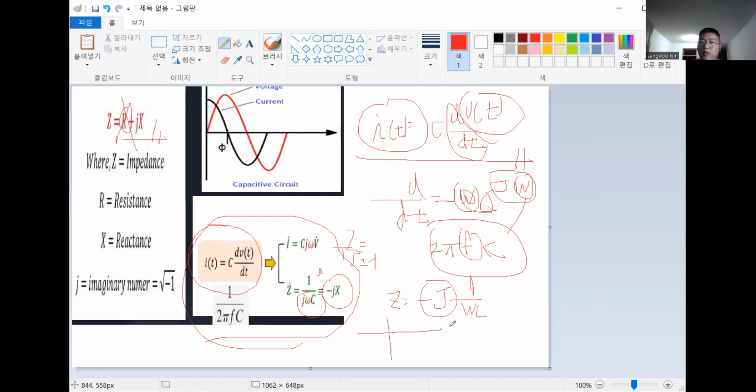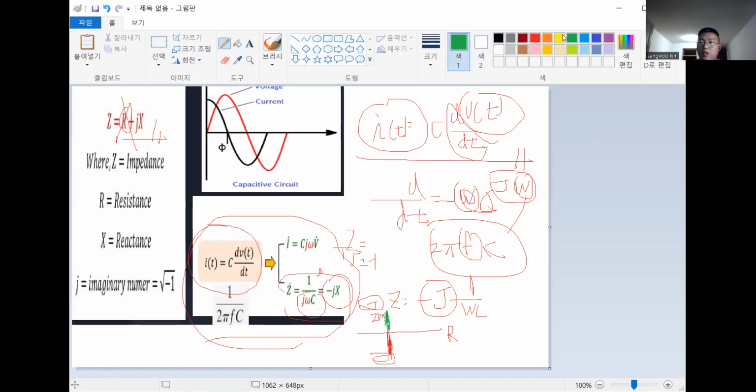Look at here: here is the real number, here is the imaginary number, j and minus j. So the capacitor's reactance we can indicate on the phasor diagram here, but the inductor is not minus, just the j part, right? So the inductor is here, this part.